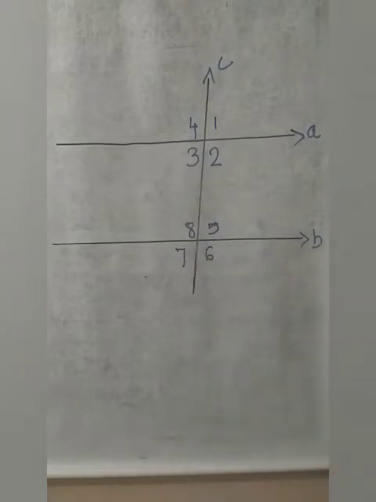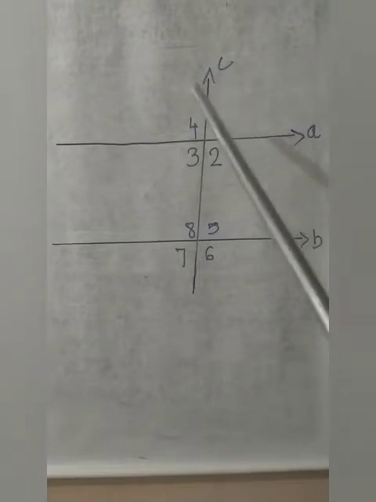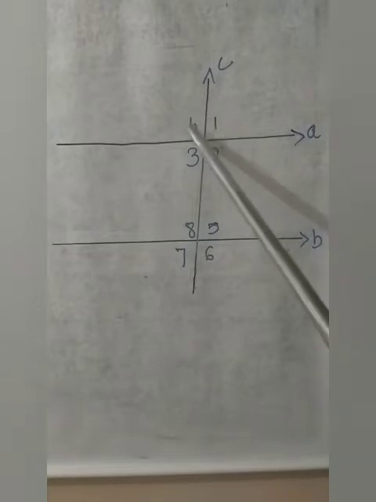Now from the figure you have to identify the pairs of corresponding angles, alternate interior and alternate exterior angles, and the interior angles on the same side of the transversal. So first, which are the corresponding angles? By looking at the figure, tell me the corresponding pair of angles. What is the corresponding pair of 4?